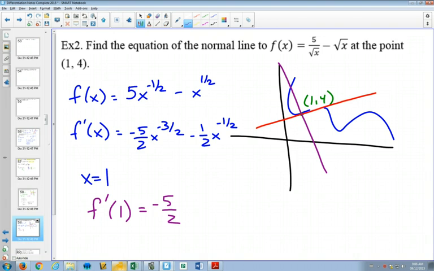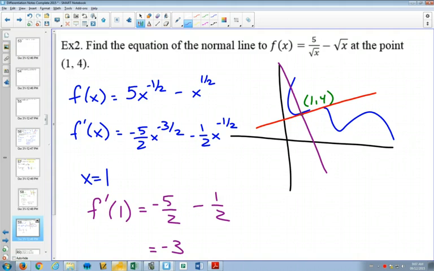But when x is 1, that's just going to be 1. Same thing with the second one. X to the negative 1 half, when you plug that value of 1 in there, that's like 1 over x to the half, which is like 1 over the square root of x. And plugging in 1 will just be 1. Negative 6 over 2. We get a slope of our red line is negative 3.